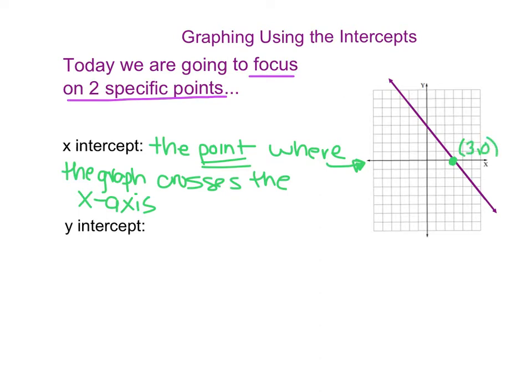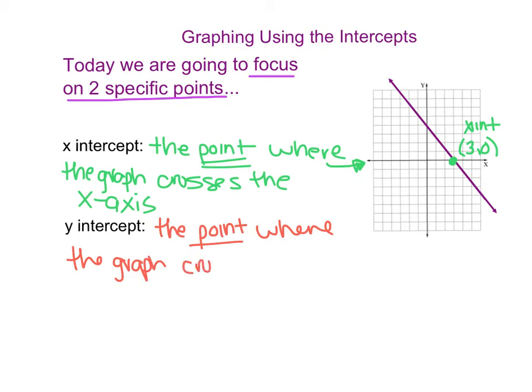On this graph, this is our x-intercept point because it is the point where we cross the x-axis. On the flip side, the y-intercept is also a point, where the graph crosses the y-axis.